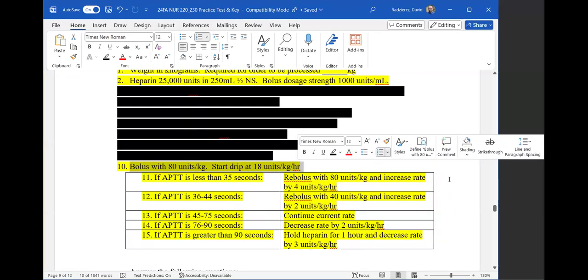Now, a lot of times when you see that word drip, you're thinking drop rate, but technically it just means that it's trickling out at a slow pace, but you're still calculating a flow rate in milliliters per hour. So you're going to get answers like 10 milliliters per hour. And if you think about how slow that must be coming out, it's going to be coming out in a drip-like fashion.